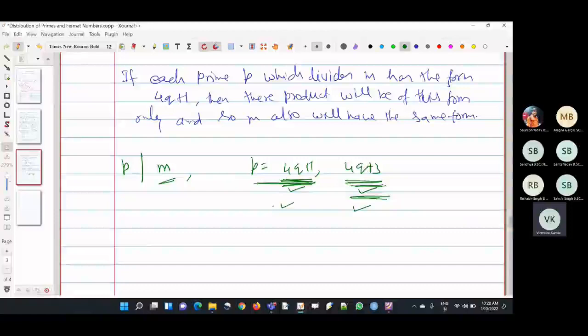So we are first considering that every divisor has this form. Then we are proceeding. So we write 4q1 plus 1, 4q2 plus 1, 4q3 plus 1, and so on. Each divides m.